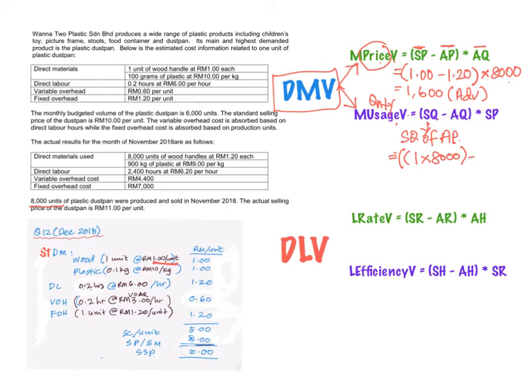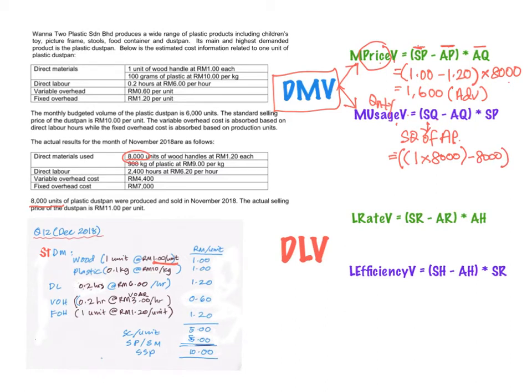And then our actual quantity. Actual quantity here means the actual quantity that you have used. Here it says that 8,000 units have been purchased and also have been used. So you just minus it with 8,000 here, times it with the standard price.